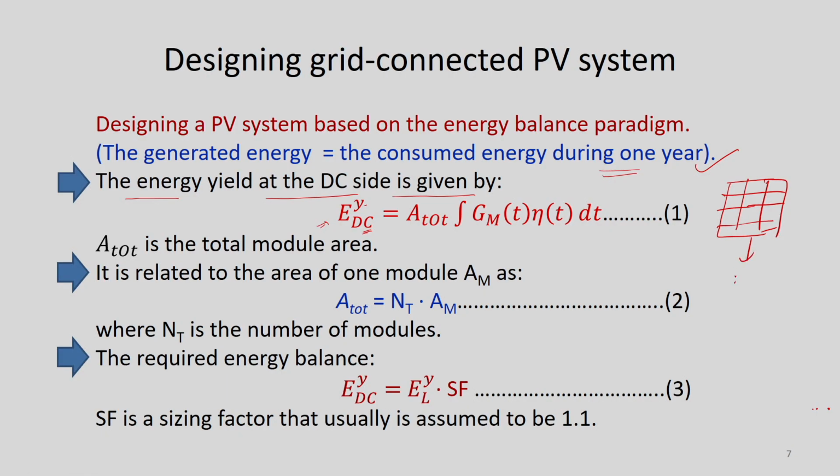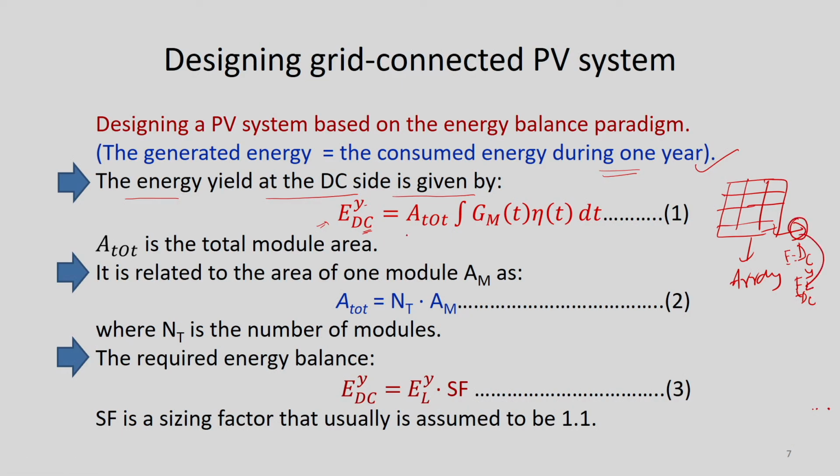So, this becomes an array. So, the output of this array is DC. Okay. So, this is DC energy, E DC, okay. Since it is yearly, so we will write Y. This energy we are talking about is E DC Y.